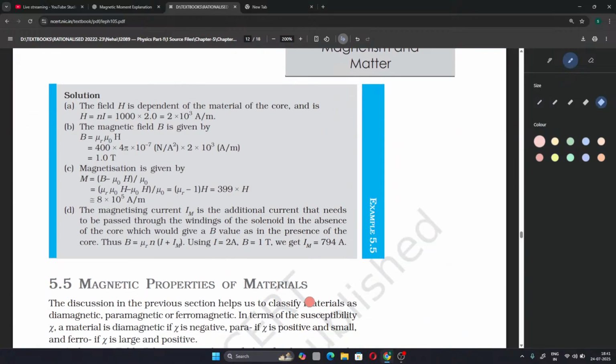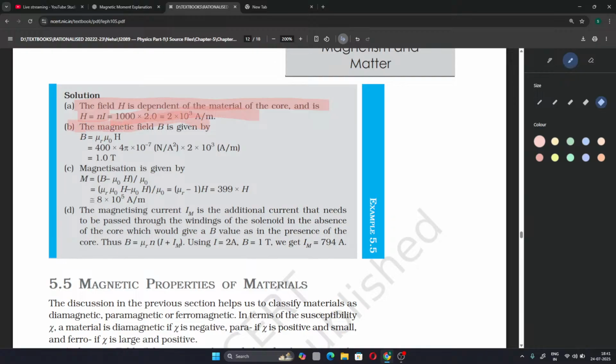The magnetic intensity is H equals nI, which is 1000 into 2, which is 2000 ampere per meter, or 2 into 10 power 3 ampere per meter.